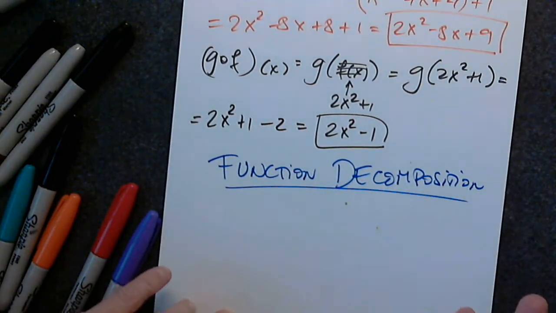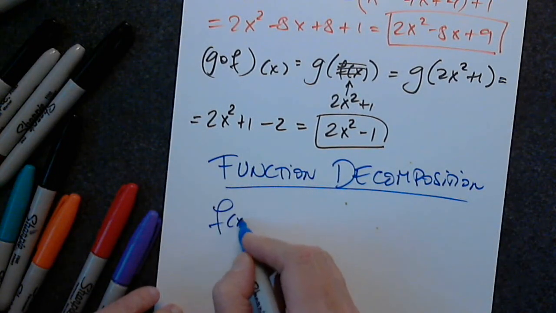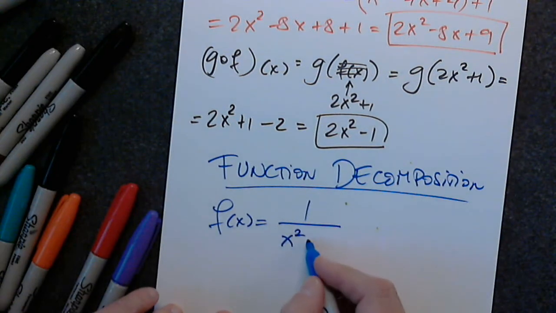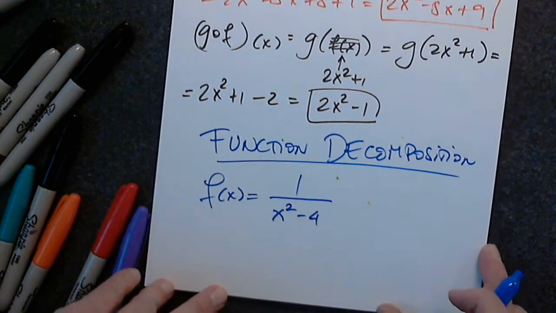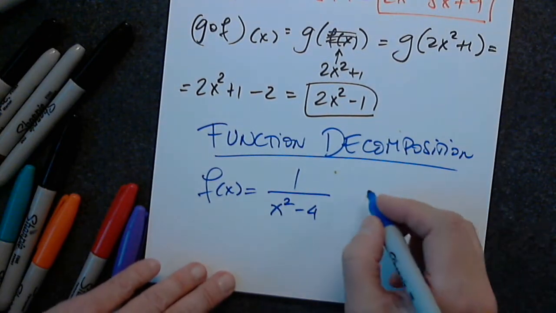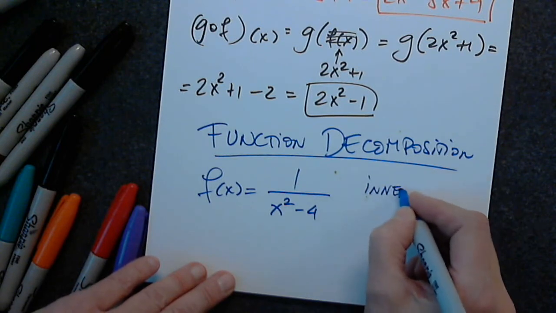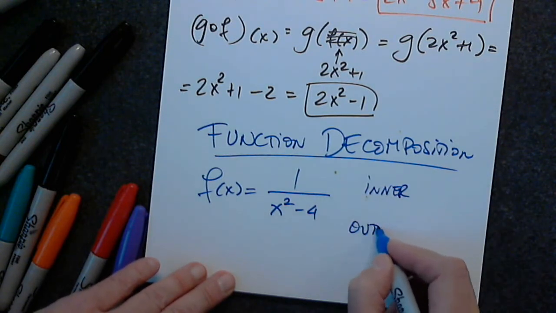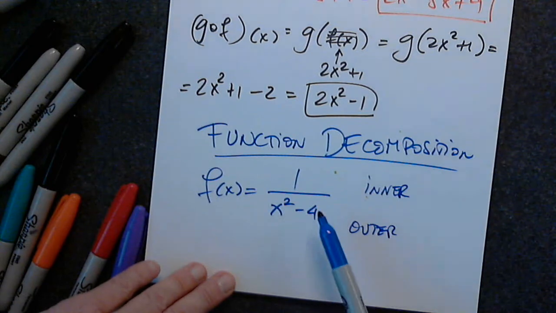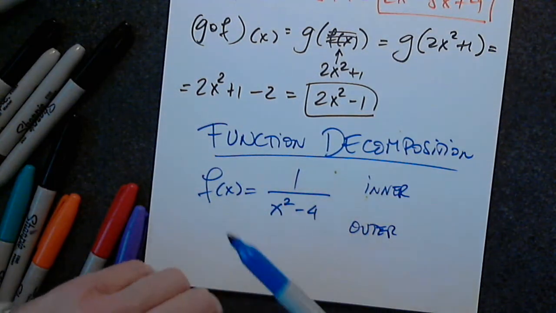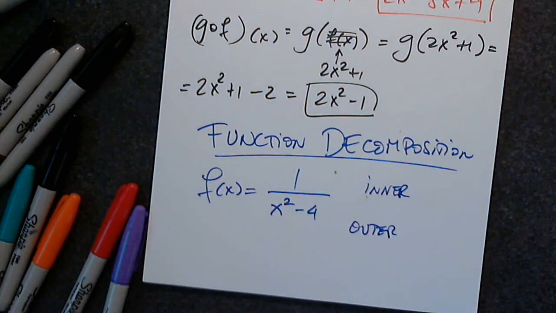So here are examples that are much easier to see. Let's say f of x equals 1 over x squared minus 4. I would like us to identify an inner function and an outer function that I use to create this function. And again, it always goes back to how I evaluate it.